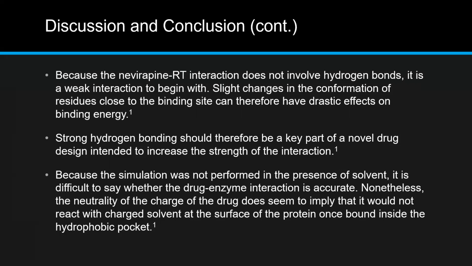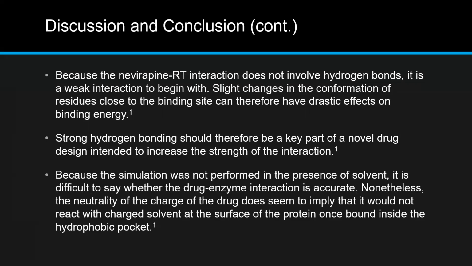However, we can say that because the drug nevirapine is neutrally charged, it most likely would not have a long-range interaction with charged solvent bound to the surface of the protein once it is bound inside the hydrophobic pocket at the binding site.